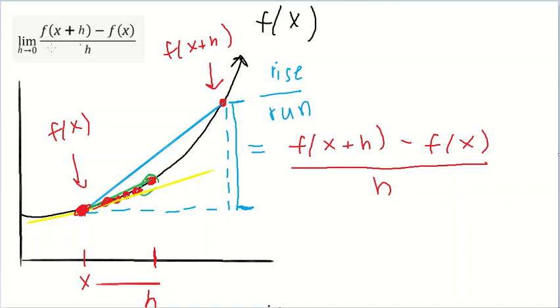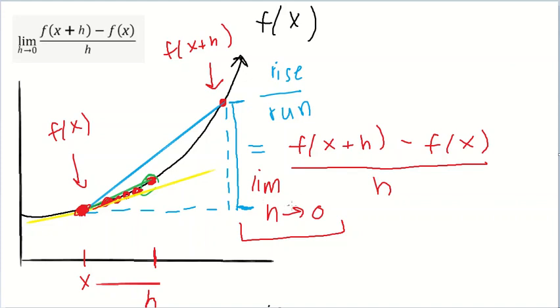So that's what this expression right here says. So let me put that limit part out front. So this fraction part, the f of x plus h minus f of x over h, that represents the slope of our secant line, the blue line. And then when we add on that limit piece, the limit as h approaches 0, that takes our secant line and turns it into a tangent line by making that horizontal distance h smaller and smaller.